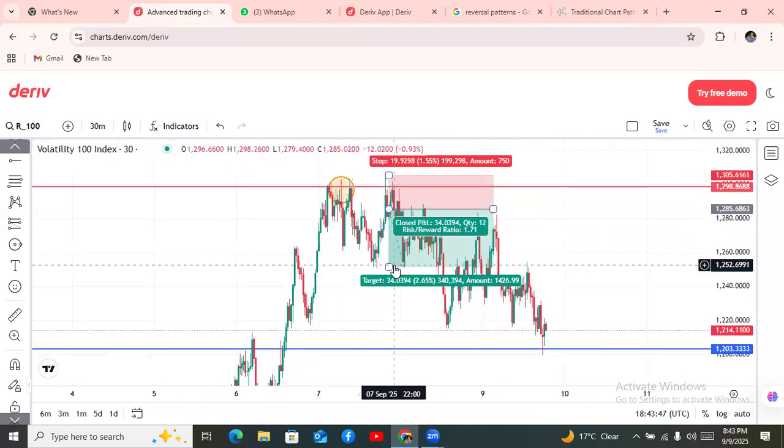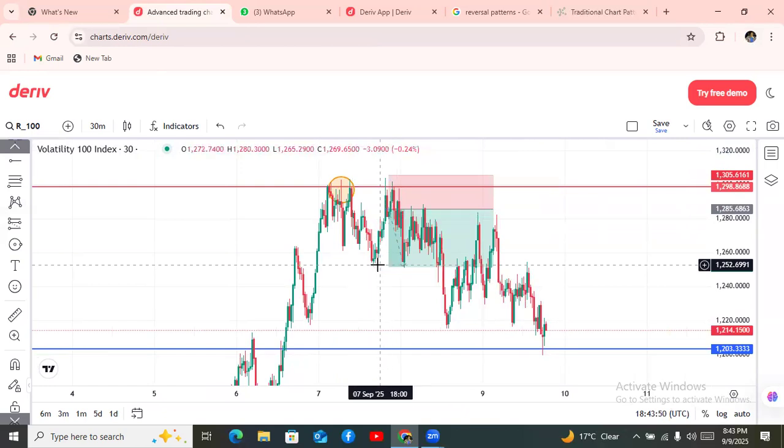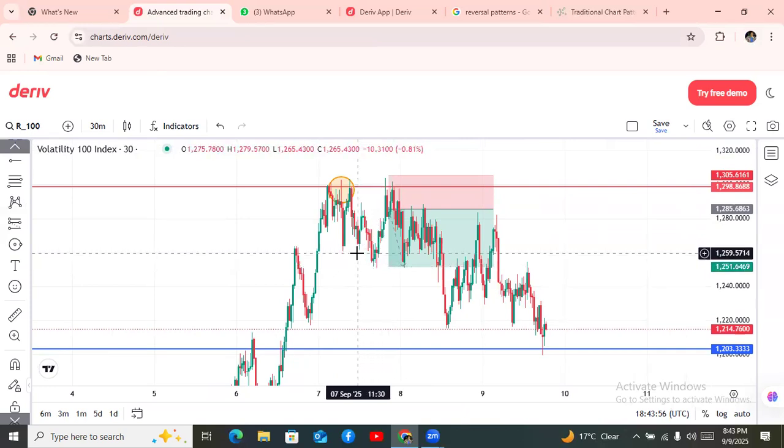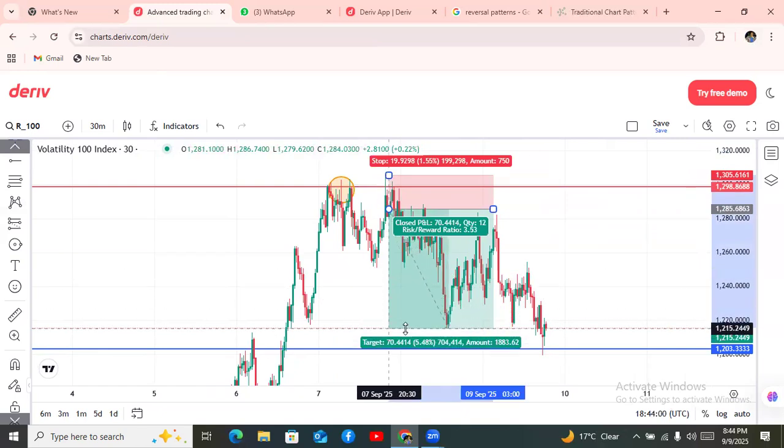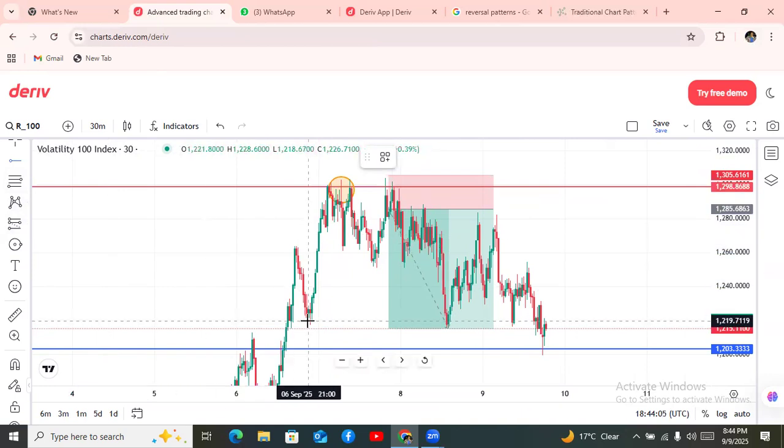And our first take profit should be there. This is where our first take profit should be. Or alternatively, it should be that previous low there.